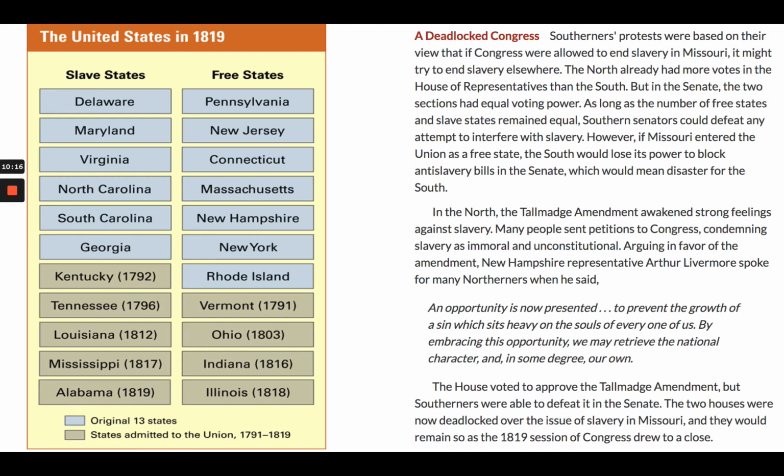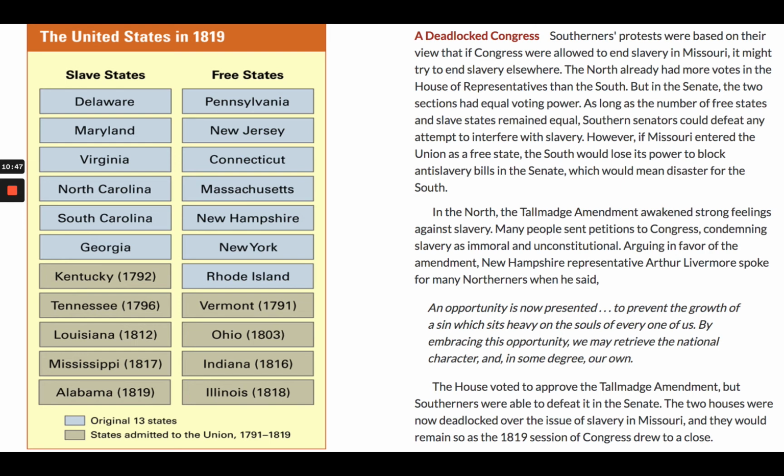In the North, the Tallmadge Amendment awakened strong feelings against slavery. Many people sent petitions to Congress condemning slavery as immoral and unconstitutional. Arguing in favor of the amendment, New Hampshire Representative Arthur Livermore spoke for many Northerners when he said, "An opportunity is now presented to prevent the growth of a sin which sits heavy on the souls of every one of us.